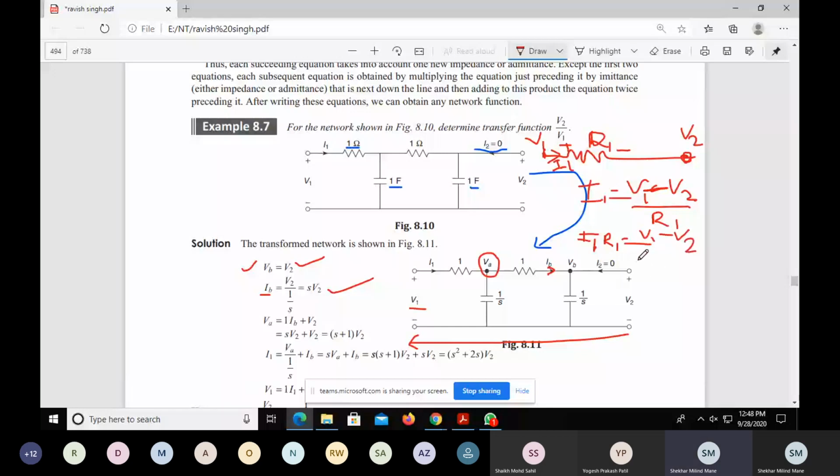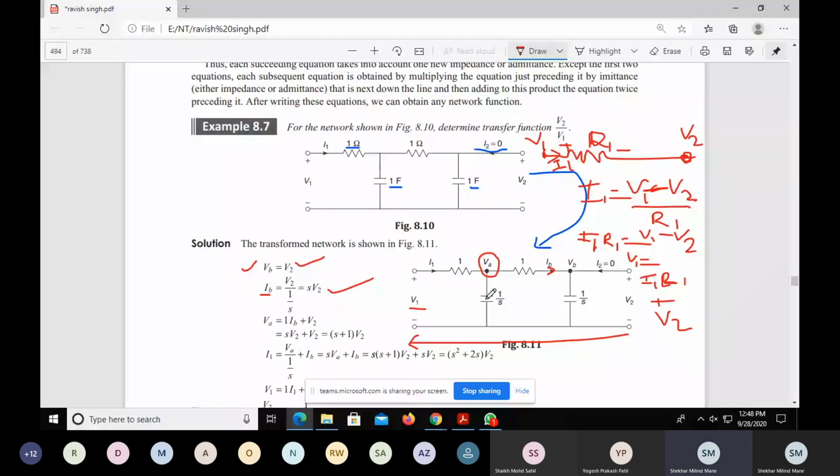And I can write then V1 is nothing but I1 R1 plus V2. So all of you know this. So V1 I can write I1 R1 plus V2.